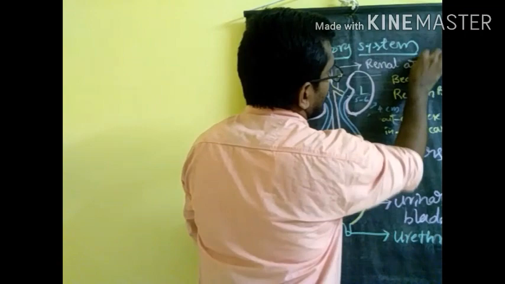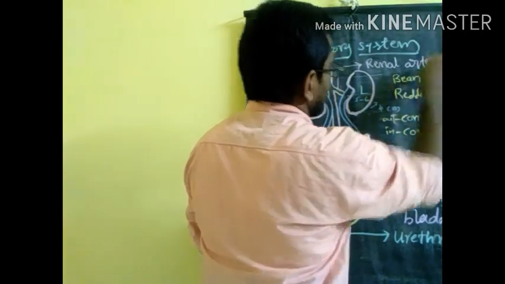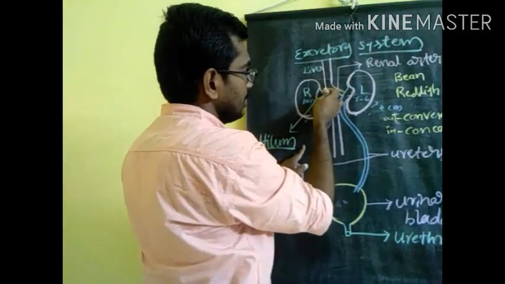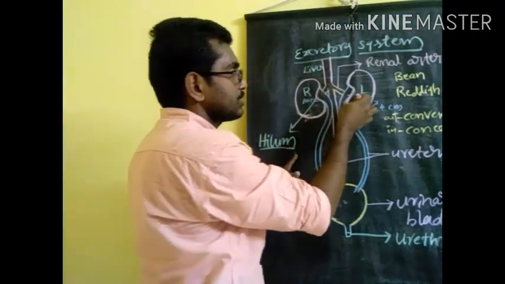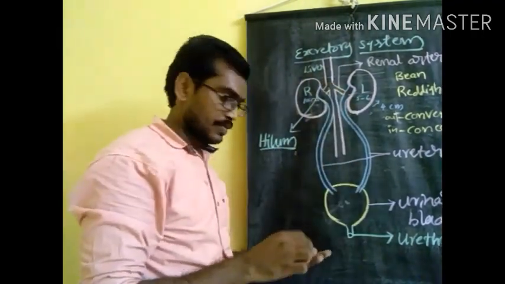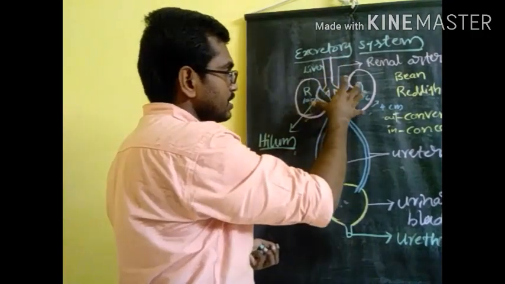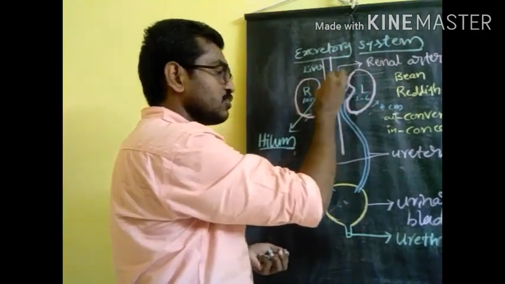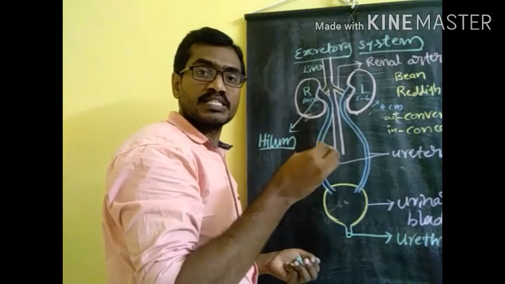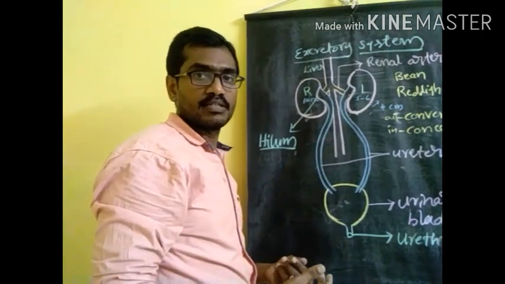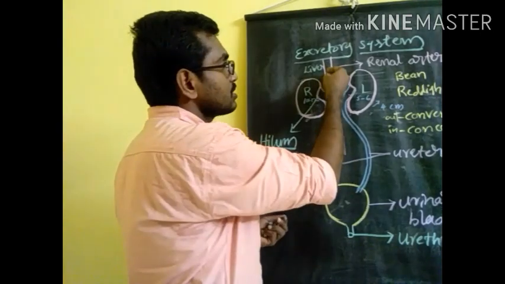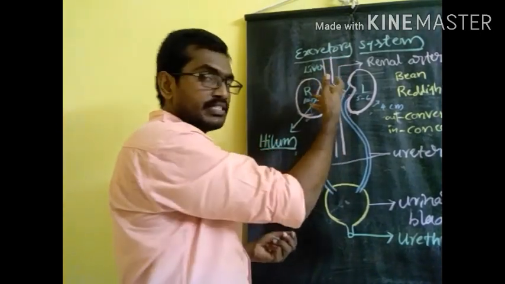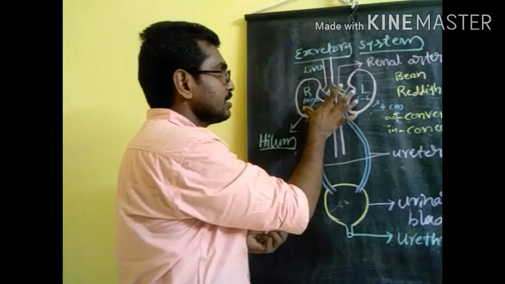This is one renal artery and this is also a renal artery. They supply oxygenated blood to the kidneys. Even though it is oxygenated, this blood possesses a lot of waste materials, so we can call it dirty blood. So the renal artery brings oxygenated dirty blood to the kidneys.